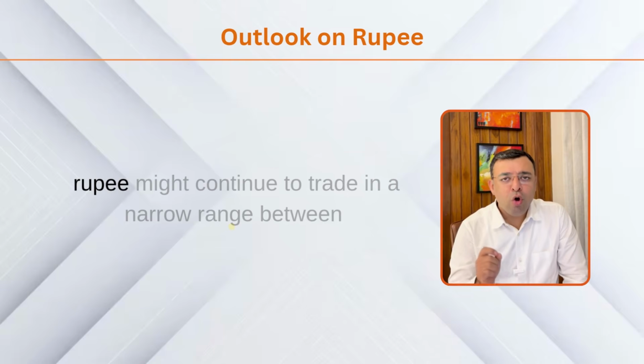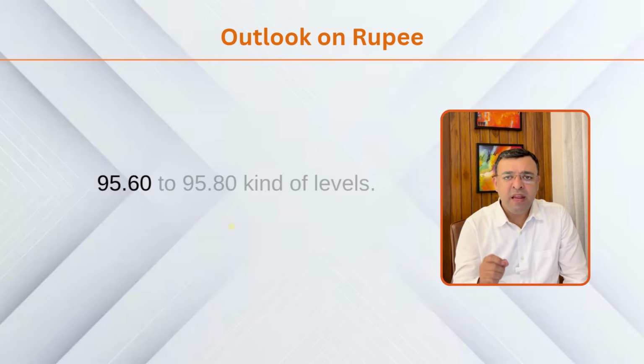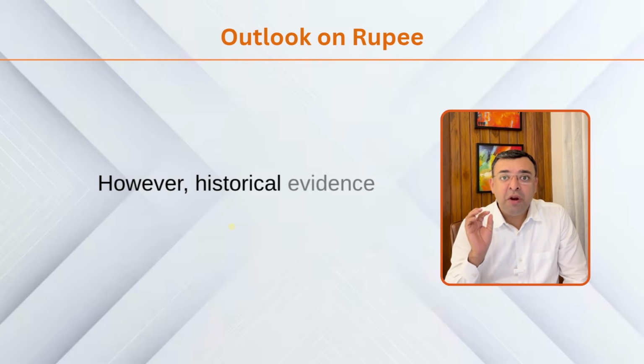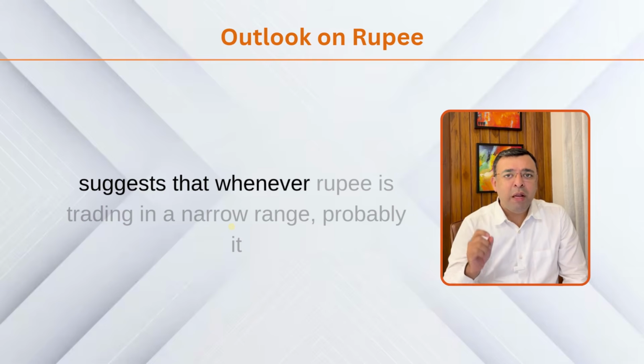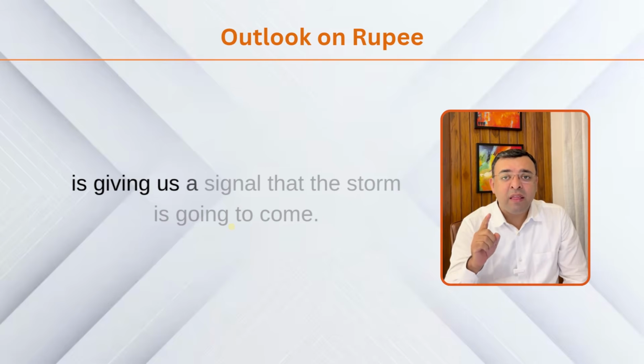As of now, rupee might continue to trade in a narrow range between 95.60 to 95.80 kind of levels. However, historical evidence suggests that whenever rupee is trading in a narrow range, it is probably giving us a signal that the storm is going to come.